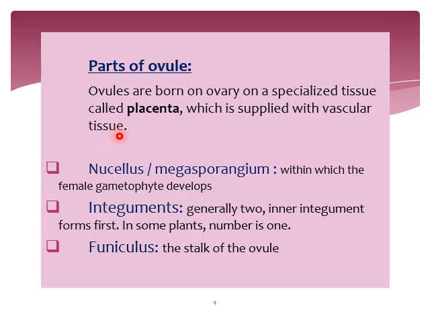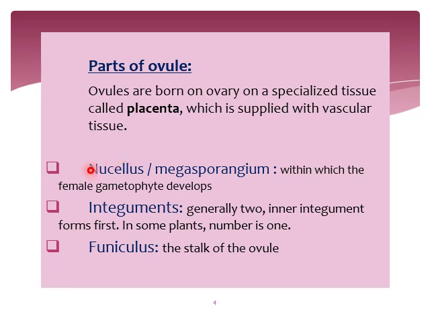Now we will see the parts of the ovule one by one. The most important or major parts of the ovule include a specialized central tissue, which is known as nucellus, which is also called megasporangium. This is the tissue within which the female gametophyte develops.